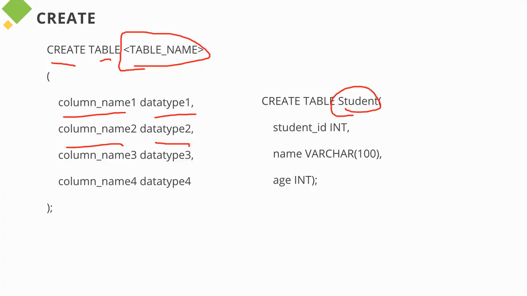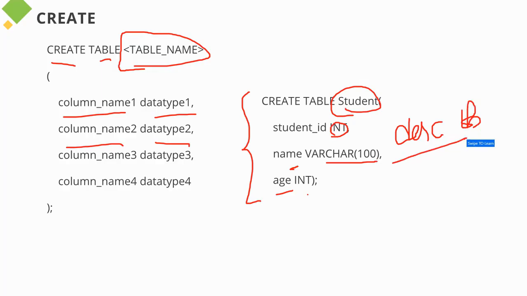So my syntax is: create table student, student ID int, which is the data type here, and for the name I'm taking the data type varchar 100, and for the age I'm taking int. So this creates a table. If you want to know the structure of the table, you can use the command DESC, the description of your table name, DESC student.